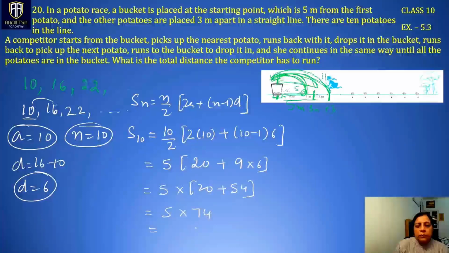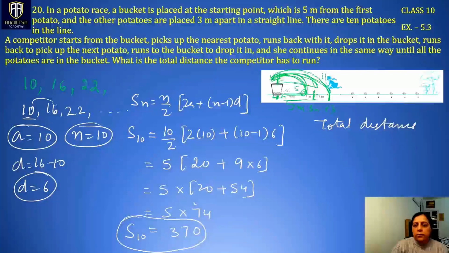This is 5 4s are 20, 35 and 2, 37. Total distance she has to cover is 370 meters. Total distance covered is 370 meters. Right? So this was all about exercise 5.3.